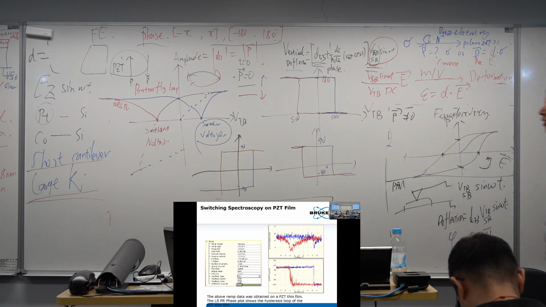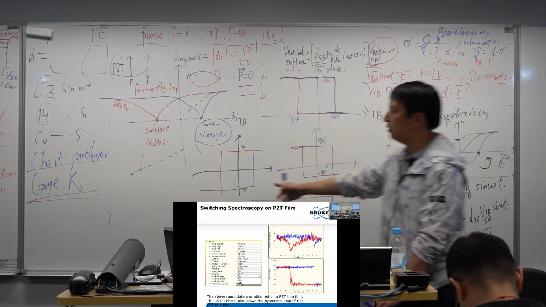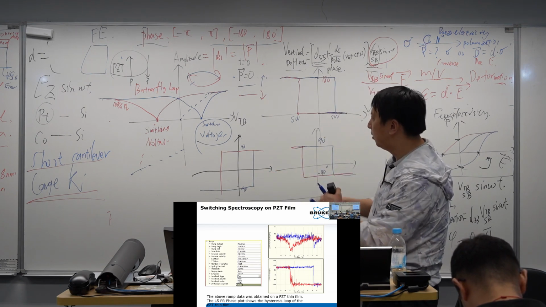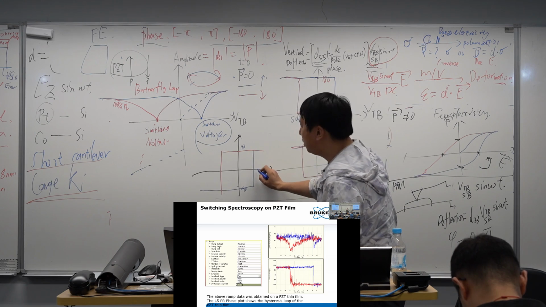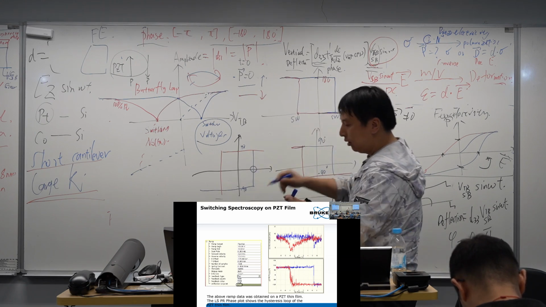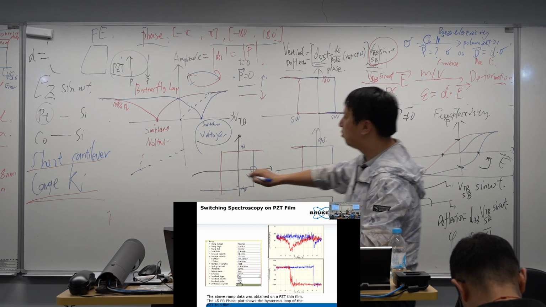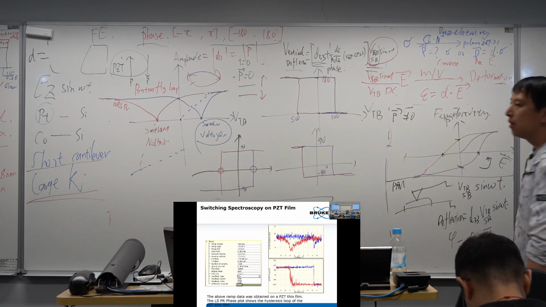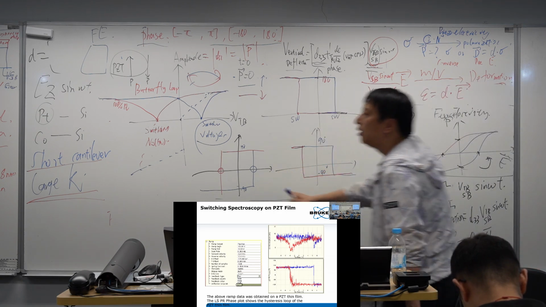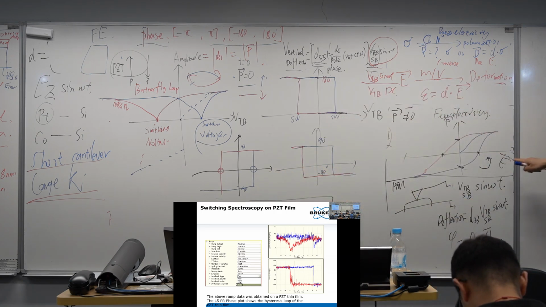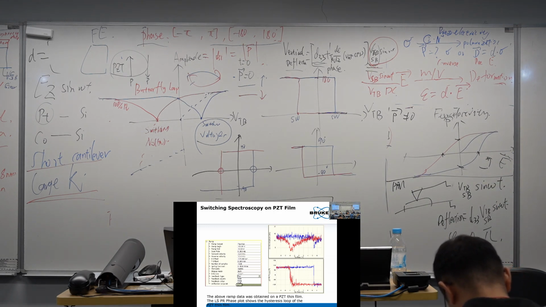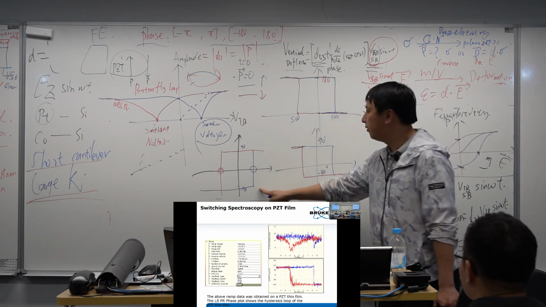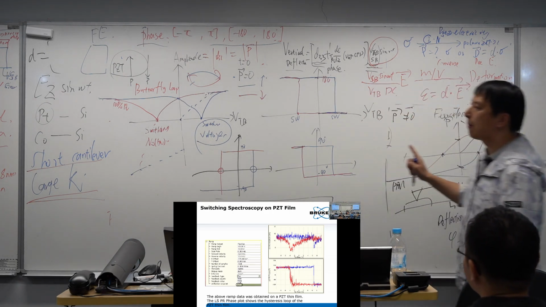Okay, right? We will get something like this. But no matter how you shift, be careful. The positive switching voltage is on blue. The negative switching voltage is on red, no matter how you shift it, because that's the property of the counterclockwise ferroelectric hysteresis loops. So only these two are correct.